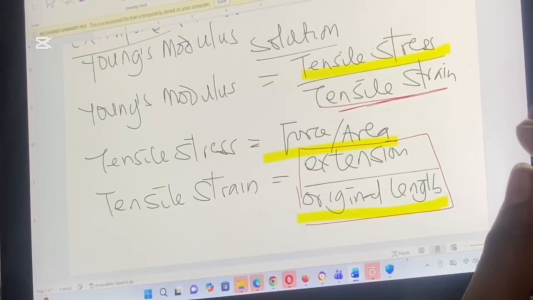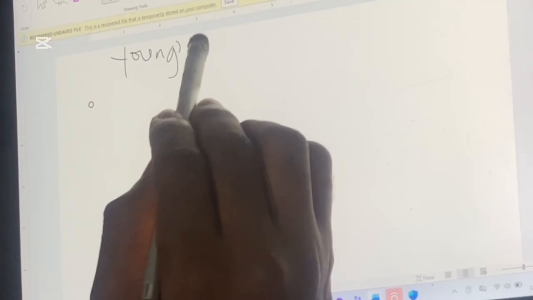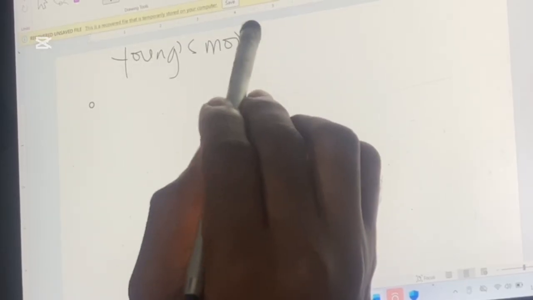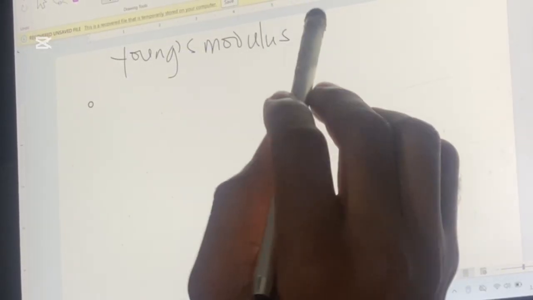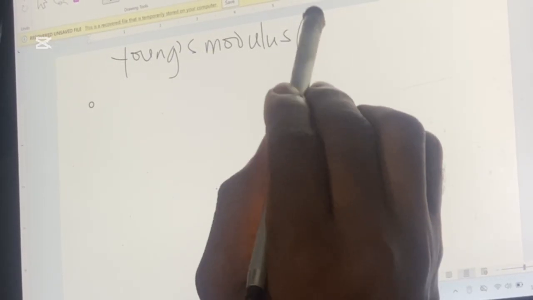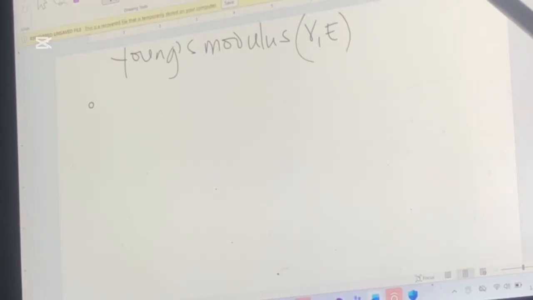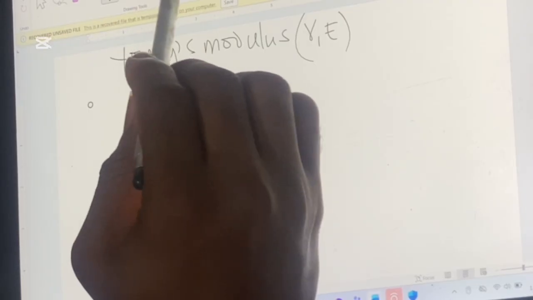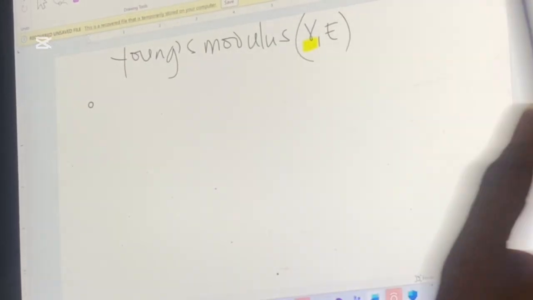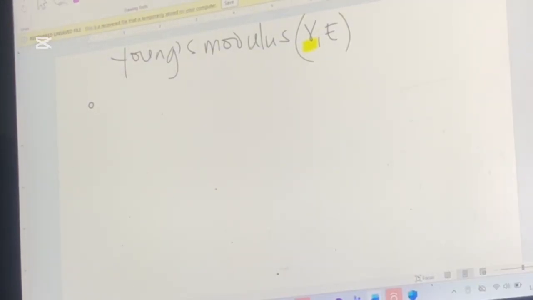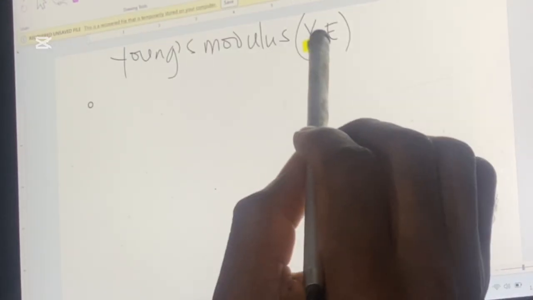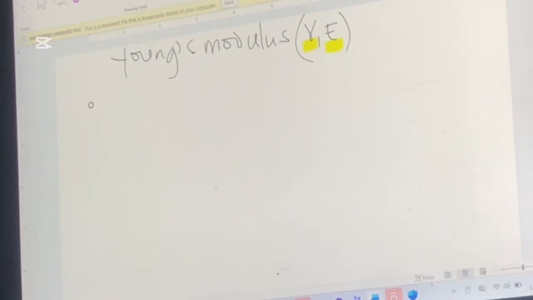So when you do that, we have something like this: Young's modulus. The symbol is always alpha or E. So in your secondary school, you use alpha to represent Young's modulus, but in your advanced level, you use E to represent Young's modulus.